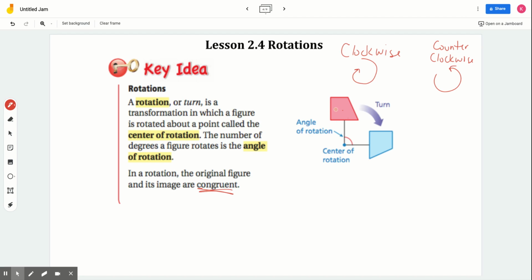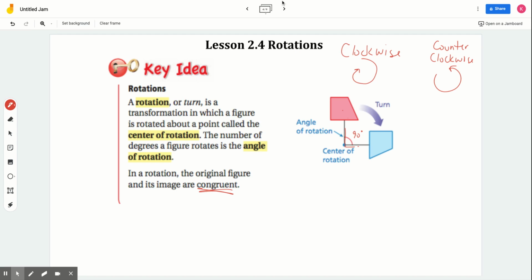So they have turned this red image clockwise, so to the right, about the center of the rotation, and we have turned 90 degrees. You can see that they've made a 90-degree angle. So we would say they've turned a 90-degree clockwise turn to make the new image.